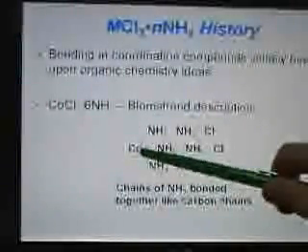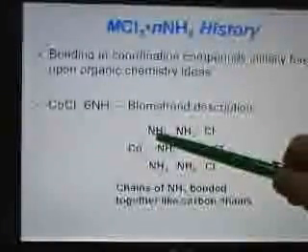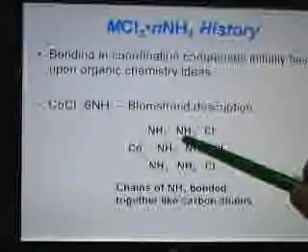So, cobalt was bonded to NH3, and then NH3 could form 5 bonds. The nitrogen would form 1 bond with Co, 3 bonds with H, and 1 bond with another NH3.